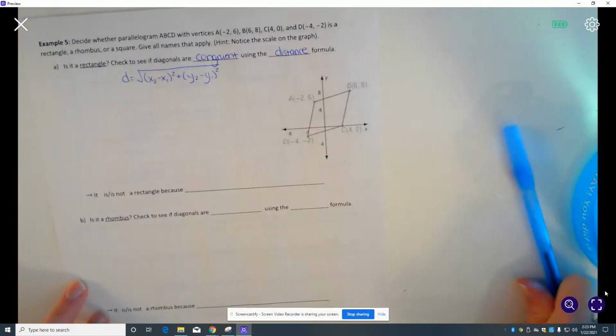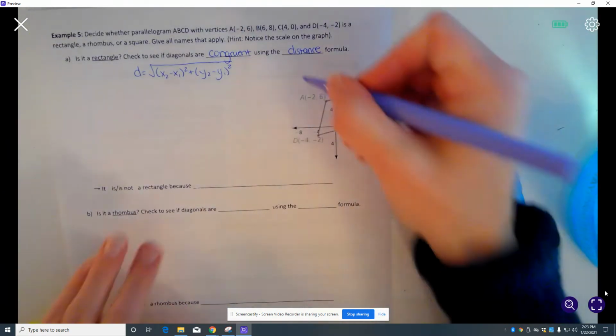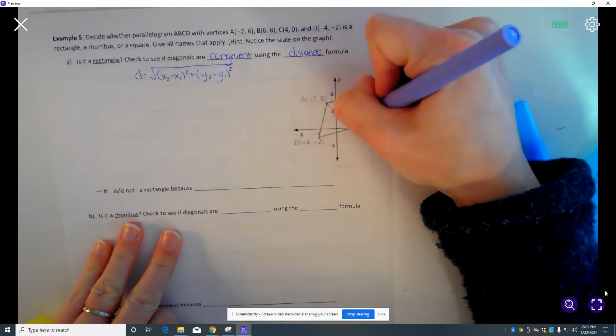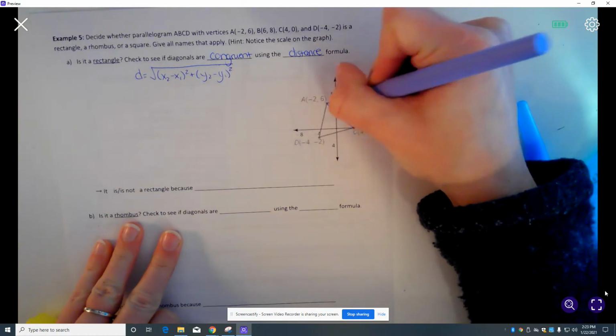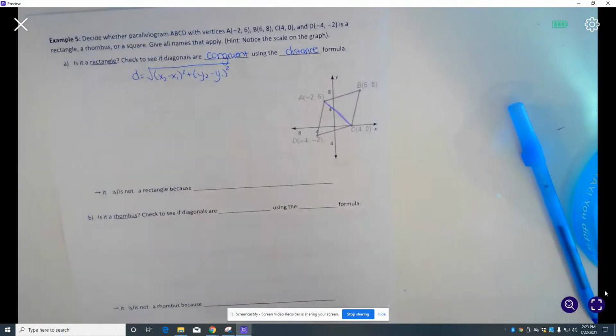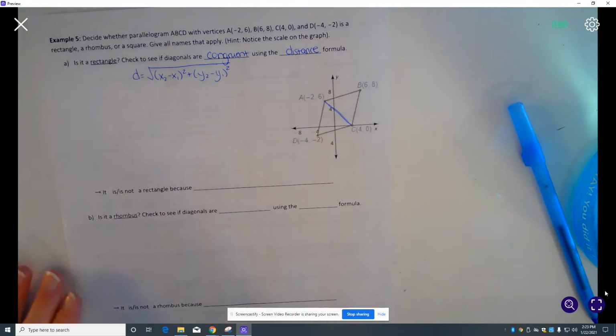In this parallelogram, we're interested in the two diagonals. One of the diagonals is diagonal AC here in purple. So I'm going to be using points A and C and plugging those into the distance formula to find that length.